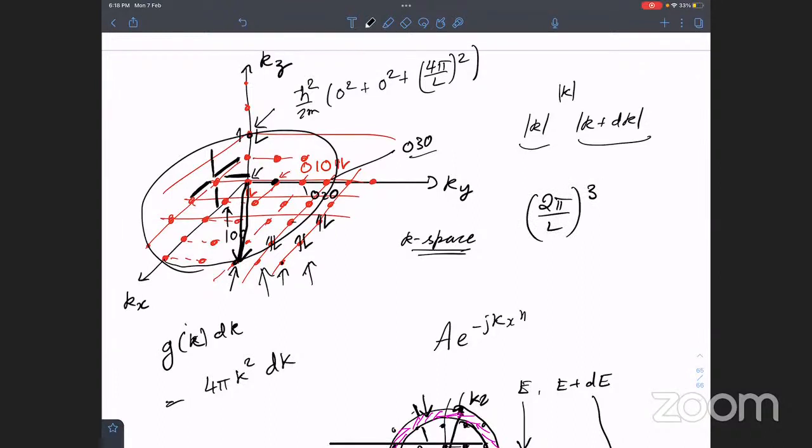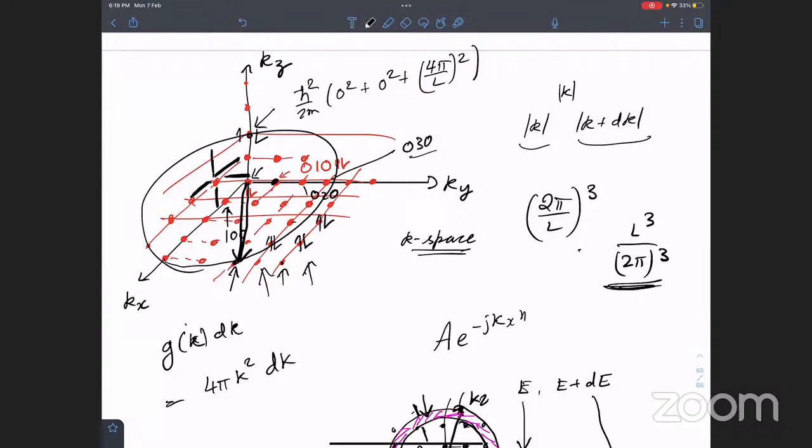That means per unit volume in k space, I'll find L cubed by (2 pi) cubed dots. This is the density of allowed states in k space.